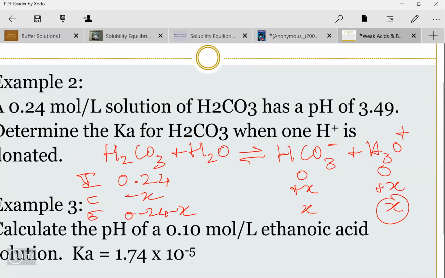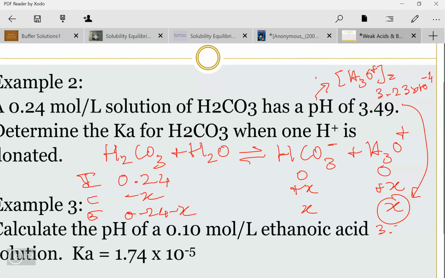Here, I know my pH is 3.49. Well, not entirely. My x value is not 3.49, but I can calculate my x value from 3.49 because from my pH, I can go to my H3O plus concentration, which is 10 to the power negative 3.49, which is 3.23 times 10 to the power negative 4, which is equal to x.